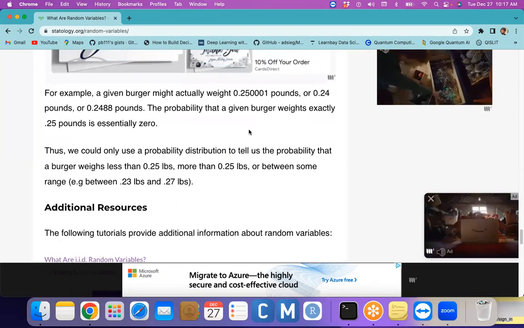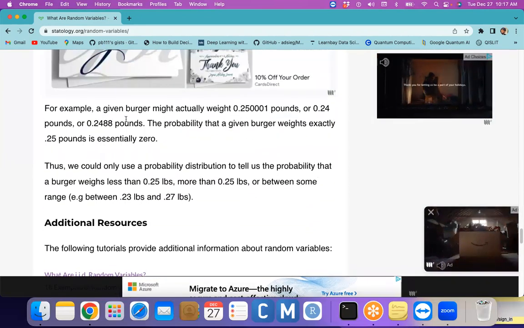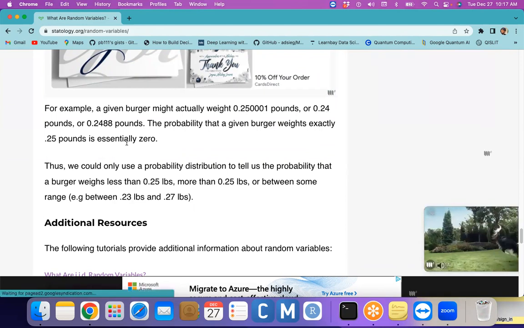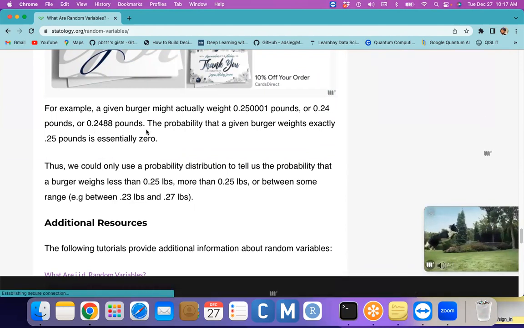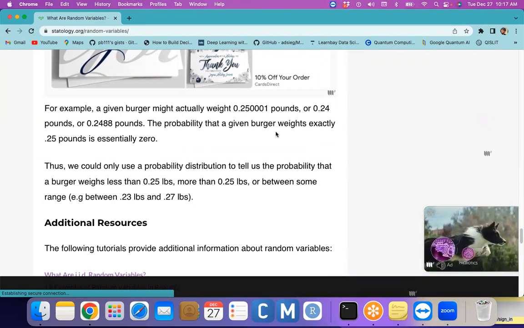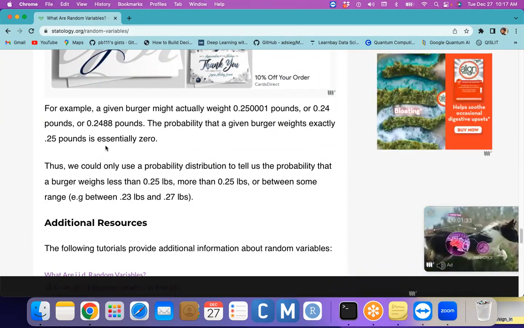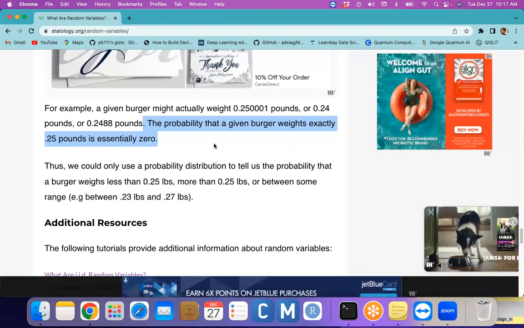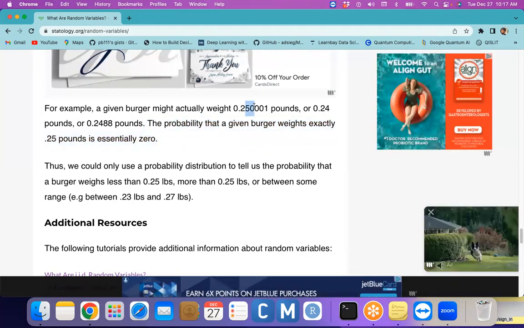Okay, see here, for example, a burger might actually weigh 0.25001 pounds or 0.24 pounds or 0.48 pounds. The probability that a given burger weighs exactly 25 pounds is essentially 0. The weight is not constant, right?